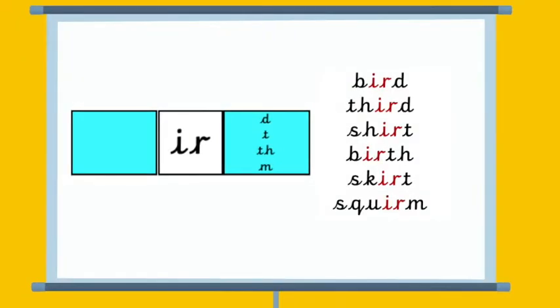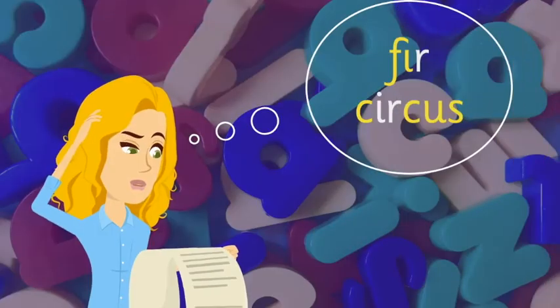Some examples of this include words like bird, third, shirt or birth, or even longer words like skirt, squirm or squirt. Some exceptions to avoid at this stage include words like fur because the IR is at the end of the word, and circus because these disprove the rule.